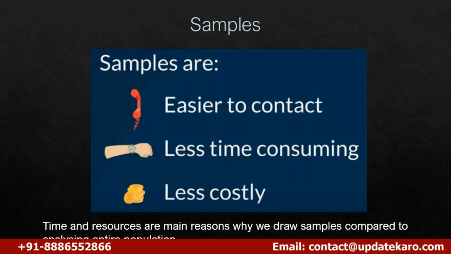And resources, whatever resources you have working on that study, it can be time, or the staff working on it, or whatever it is, are the main reasons why we draw samples when compared to analyzing the entire population. Correct or wrong?